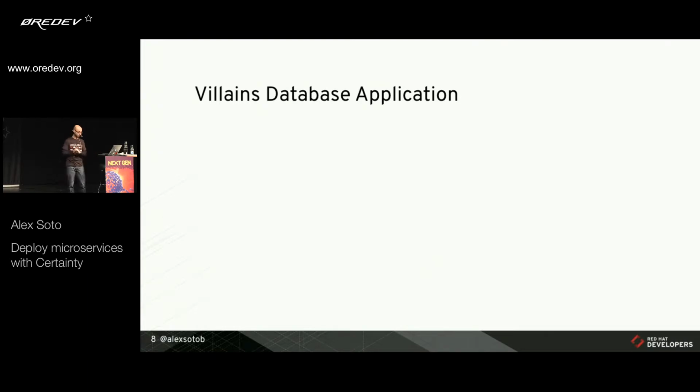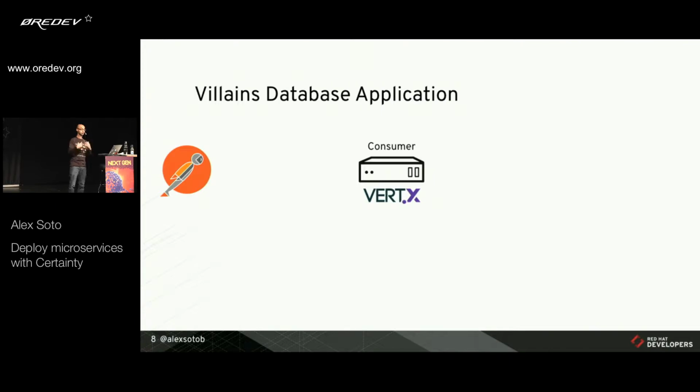Going into more technical detail, in this case I'm going to use Postman. I don't have a browser with a front-end application, it's just Postman, but it's okay for now. And then we have a consumer. A consumer is a service that consumes data from another service, and in this case it's implemented using Vert.x. It doesn't matter if it's Vert.x or Node.js or Java EE or Spring Boot, it's just minor details in this case.